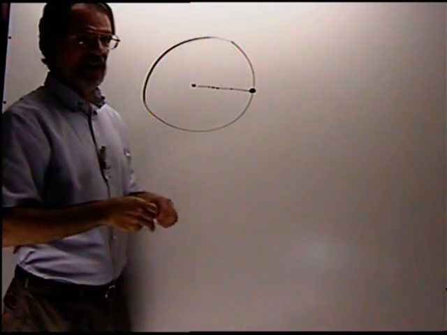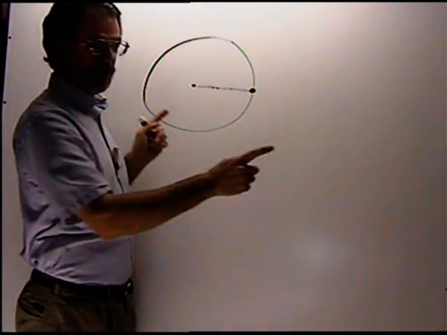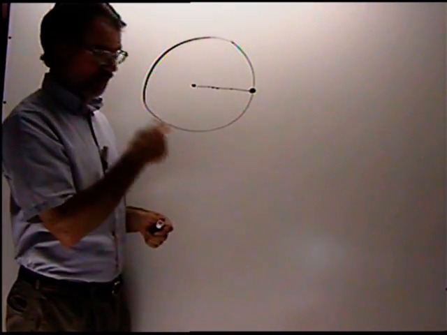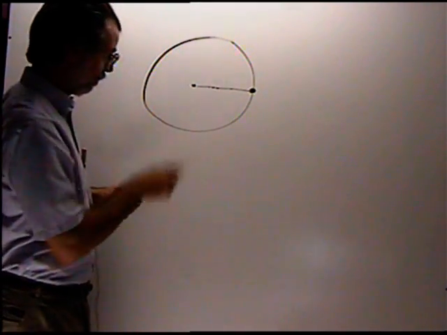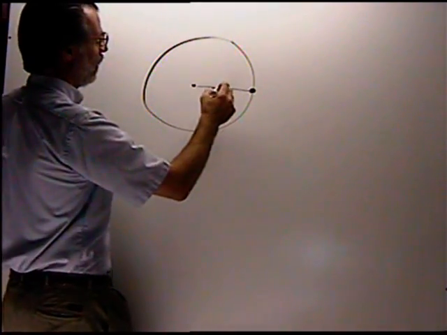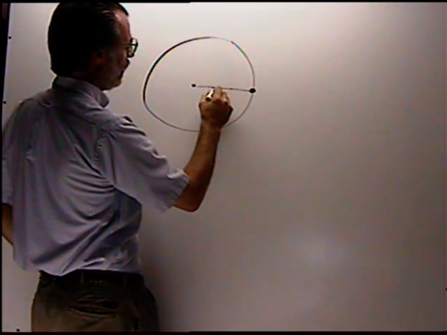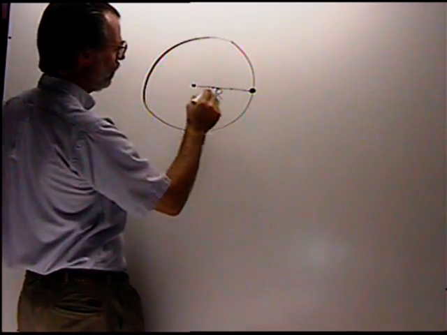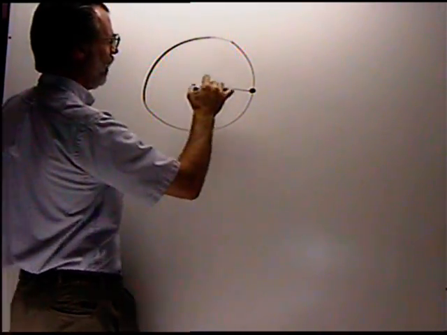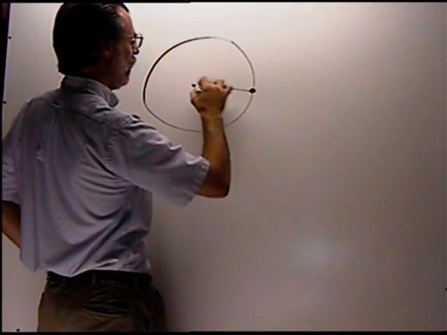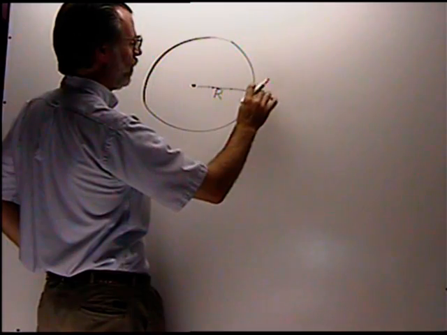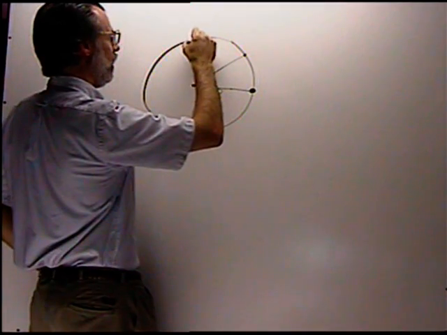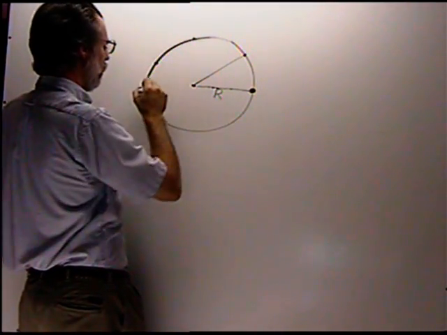You can imagine taking a string about a couple feet long, tying a rock to it, and then spinning this rock around with the string. Let's assume we keep a constant radius, R, about the center. At one moment the rock is here, at another moment the rock is here, at another moment the rock is here, and it keeps spinning around.